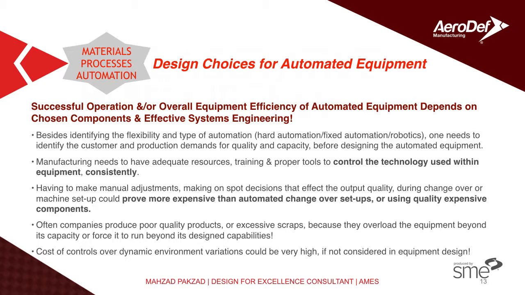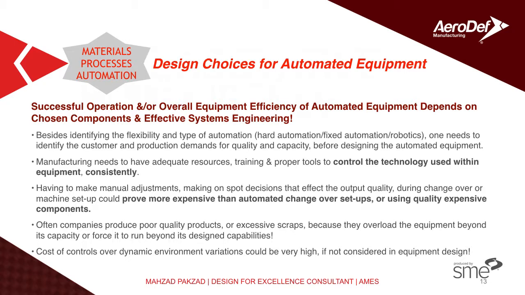Having to make manual adjustments, making on-the-spot decisions that affect the output quality during changeover or machine setup could prove more expensive than automated changeover setups or using quality components. So sometimes you're better off going with better quality and more sophisticated, more advanced automated equipment, and prevent the risk of leaving critical setups to the operators.